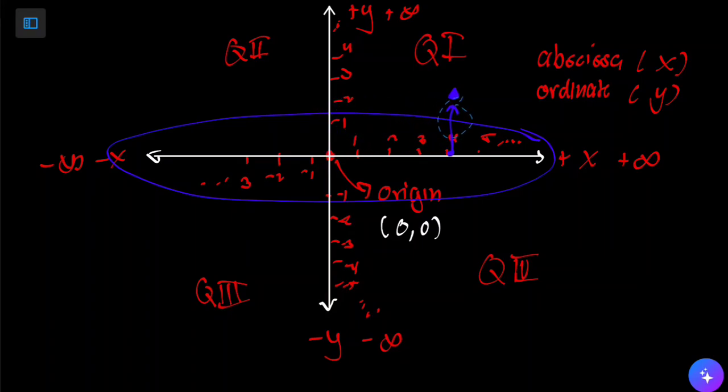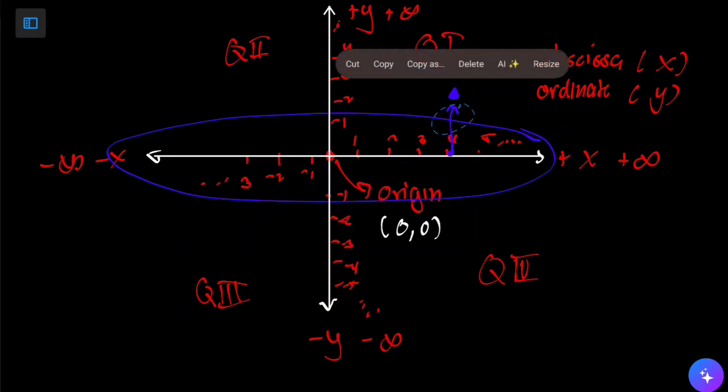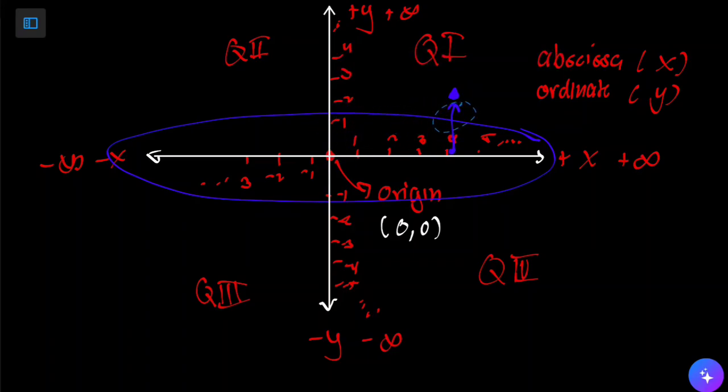That's why your ordinate became the y, because it measures the distance between the point and the x-axis, and that distance is parallel to your y-axis. So let me erase this.